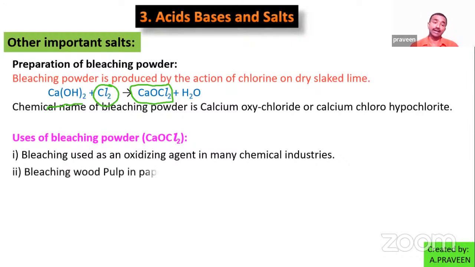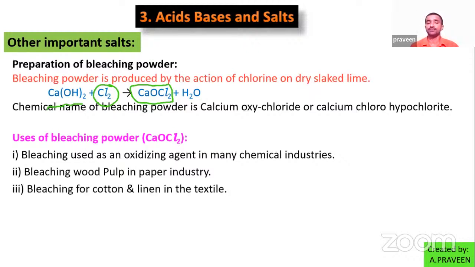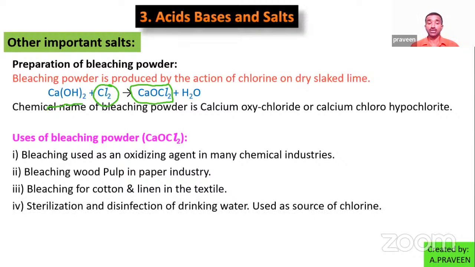Why? To change its color, as a decolorizing agent. In the paper industry or the textile industry, it is used for bleaching cotton, linen, and other fibers or fabrics, which lose their color. It is used for sterilization and disinfection of drinking water, as a source of chlorine.